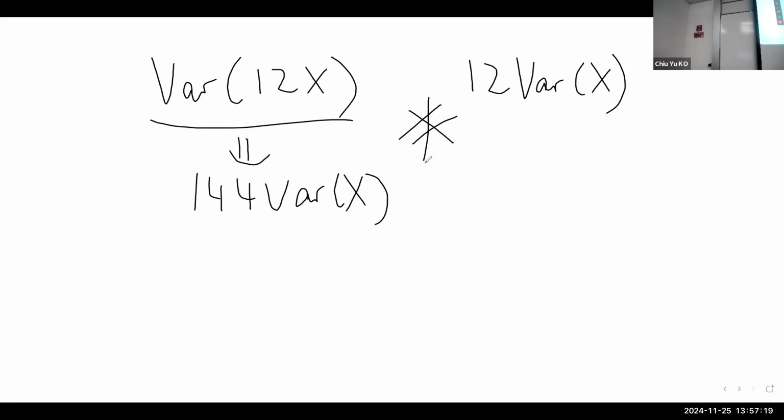But with 12 eggs in 12 different baskets, maybe one basket falls down, but another may jump to the sky, so it averages out and is smaller. When you add independent variables, it's just 12 times. But if you put all your money in the same thing, you have a much higher variance. That is why we learn this. Otherwise, why diversify?